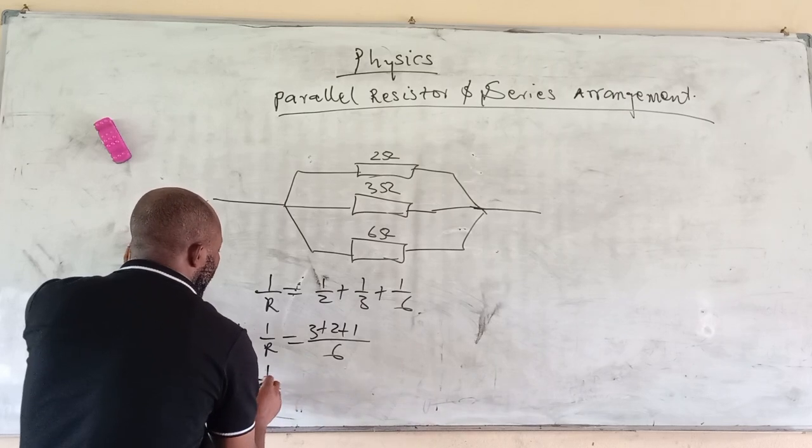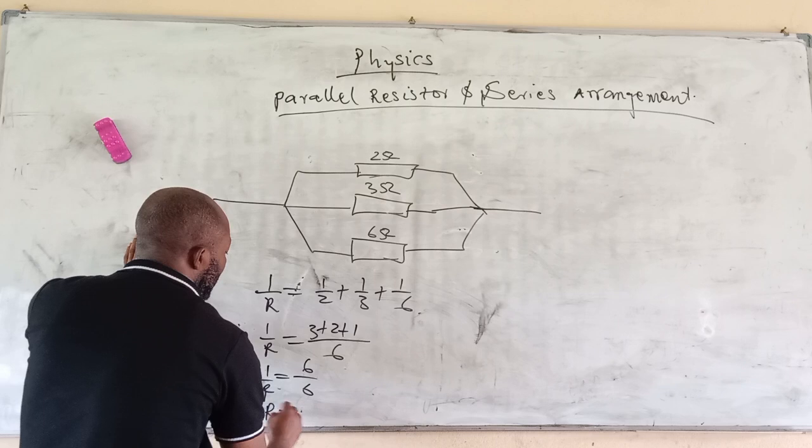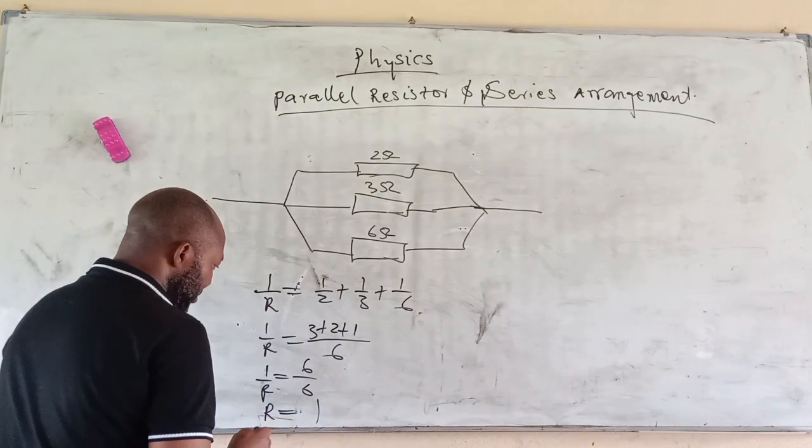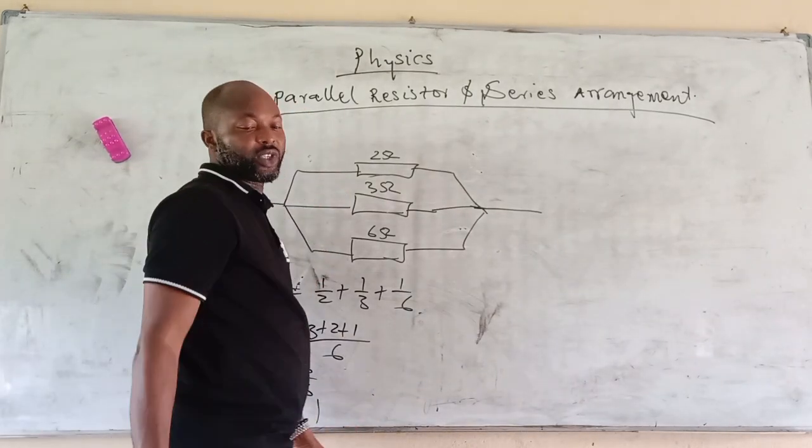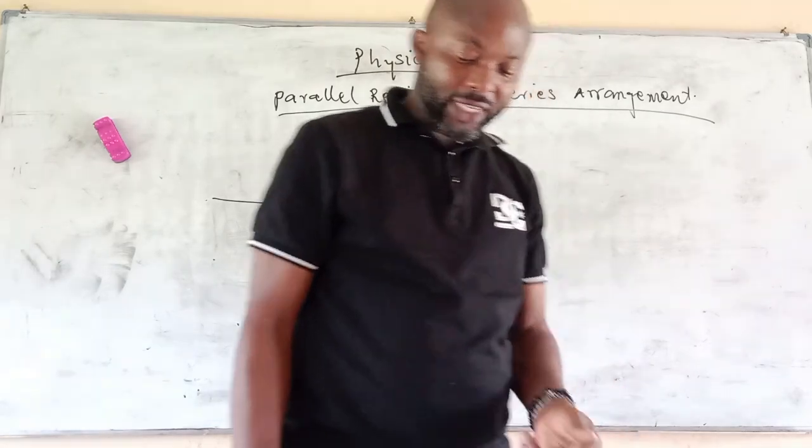So 1 over R is equal to 6 over 6. The inverse, R is equal to 1. So I think this is our solution. That's our third question.